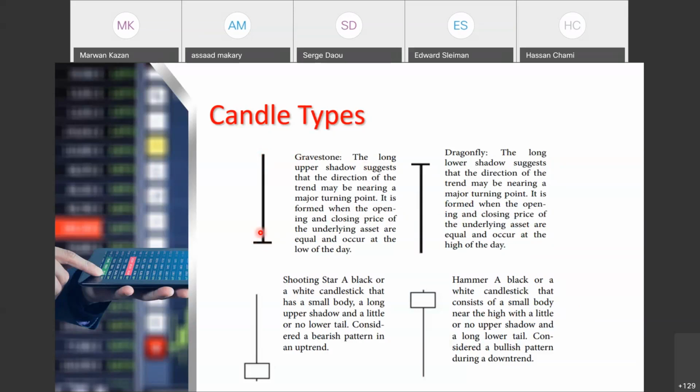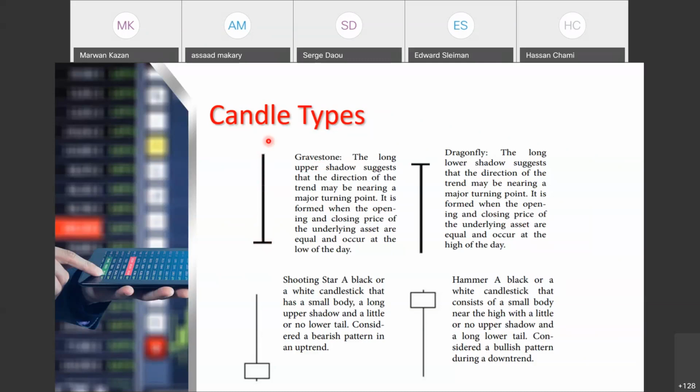Now guys, I want you to note something important here. I don't care if you remember these names. I don't want you to remember these names. When you look at this candle, I don't want you to say that this is a gravestone. I want you to say that the price opened here, first we have big buying power, then sellers took the power.